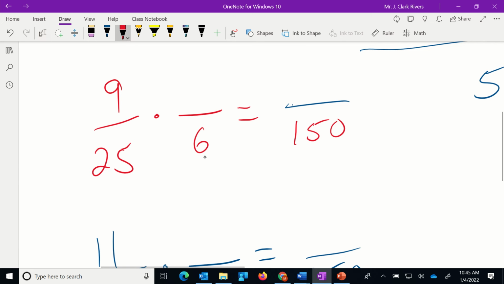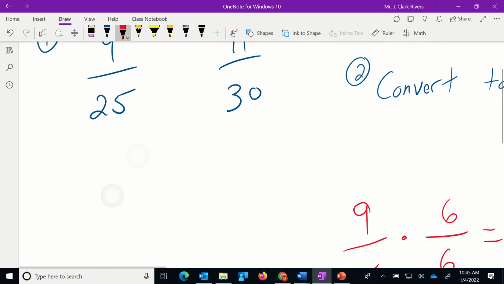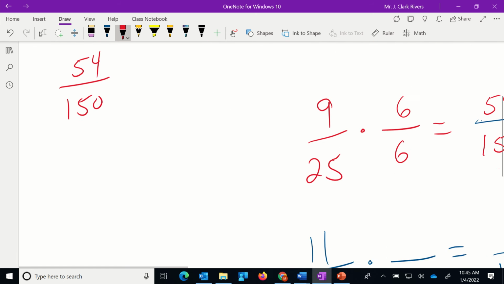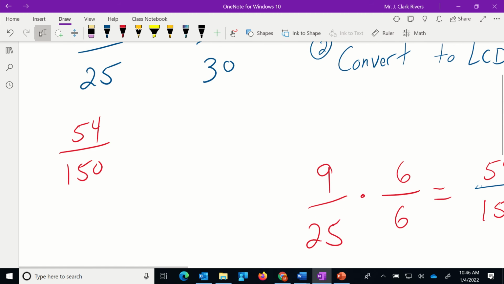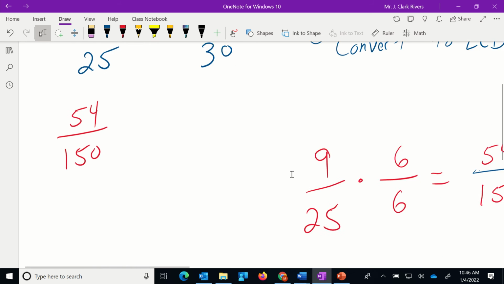What do we have to put in the numerator here? 6. All right, what's 9 times 6? 54. So 9/25 becomes 54/150. We're not going to simplify, because we want a common denominator so that we can easily compare these fractions. If you simplified it, it would simplify back to 9/25, and we don't want to do that right now.